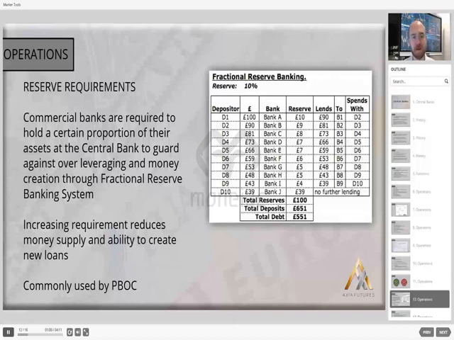So they manage this via open market operations. Each time a central bank buys a security, it effectively creates money in the economy. Central bank prints or adds some extra money to the central bank money and then goes and buys securities from a commercial bank. What this then does is feeds money into the economy.